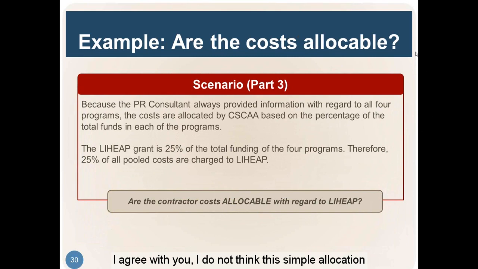So I agree with you. I don't think that this simple allocation methodology is really valid. It seems like there'd be things like time studies and other ways. Right. This would be the simplest way to go, because there's 4 programs. Right, it would be, but again, simple is not necessarily valid.